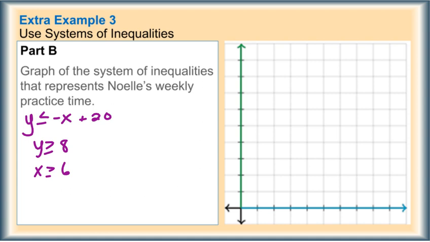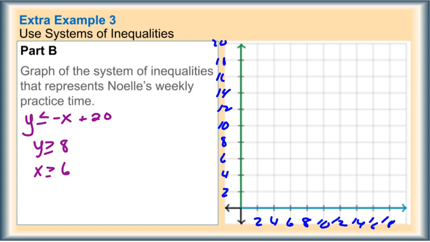So if we were to graph these, let's count by twos. So this would be 2, 4, 6, 8, 10, 12, 14, 16, 18, and 20 there. So let's do the first one, put a point at 20 on the y-axis.